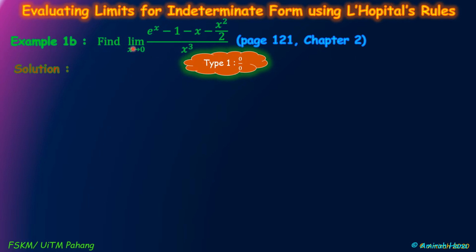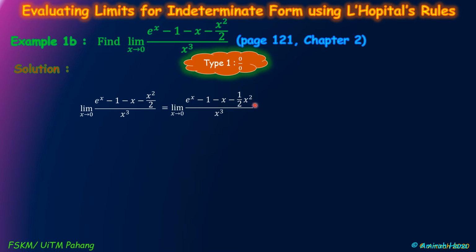So this is type 1, 0 over 0 indeterminate form. To evaluate a limit in indeterminate form, we can use L'Hopital's rule. We need to differentiate numerator and denominator, one by one. First step, we can write x squared over 2 as one half x squared.